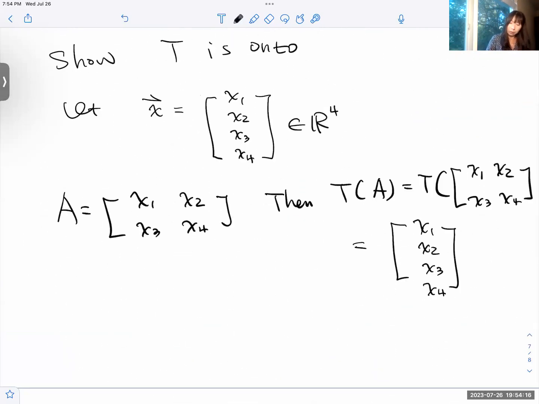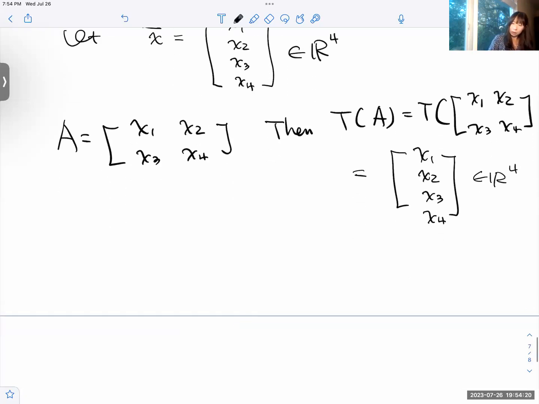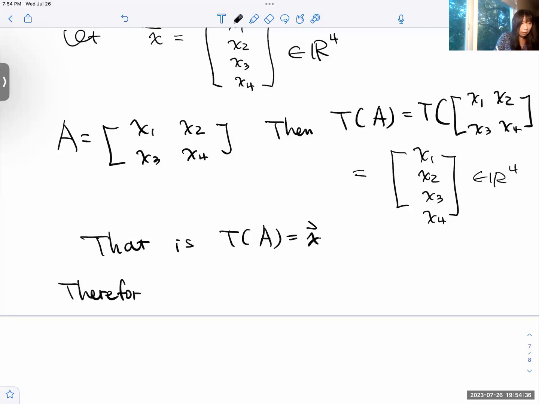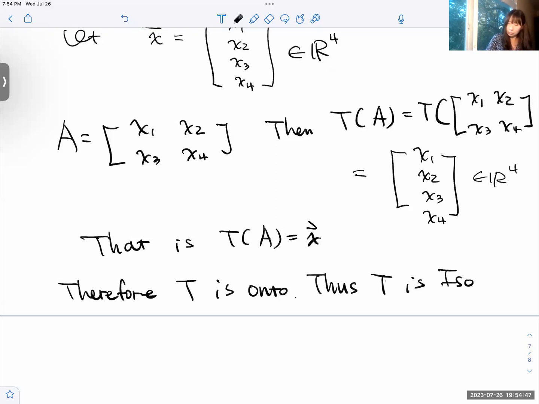So there will be R4. So that is T of A equal to x. Therefore, T is onto. Thus, T is an isomorphism.